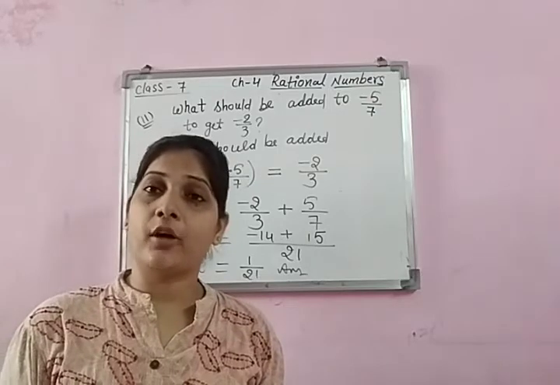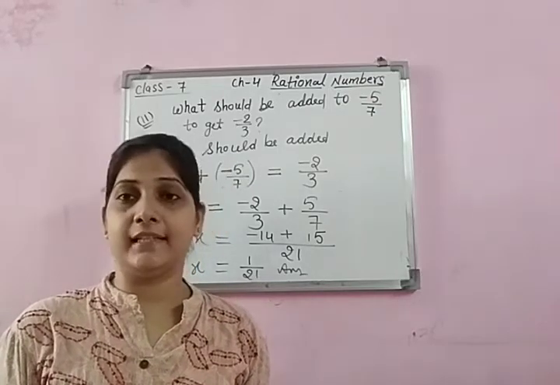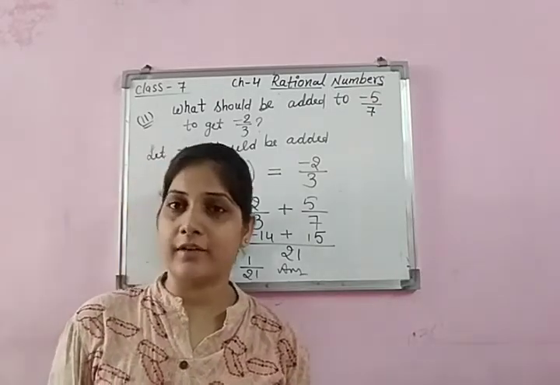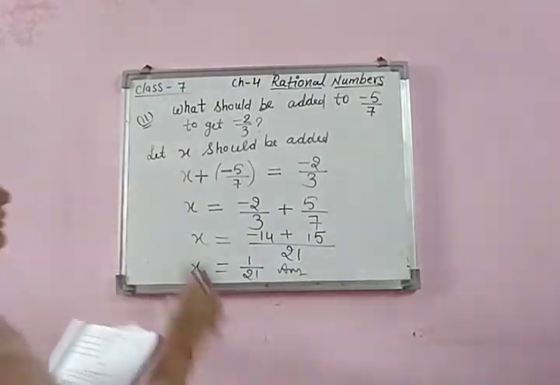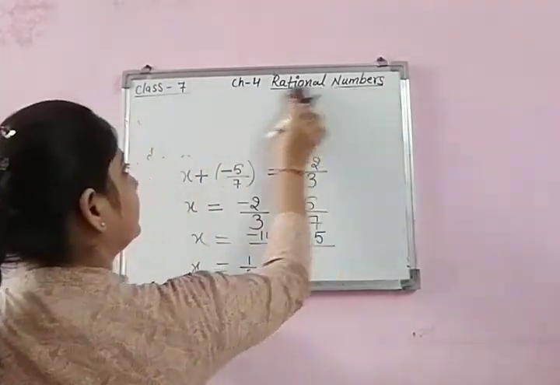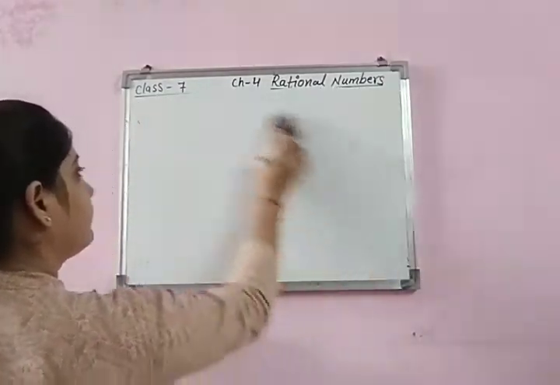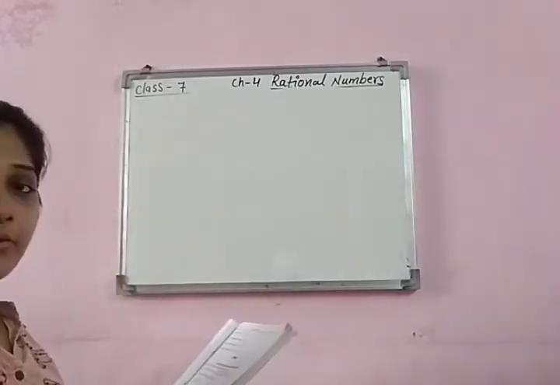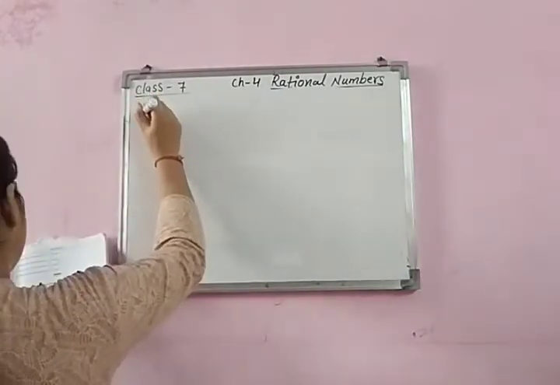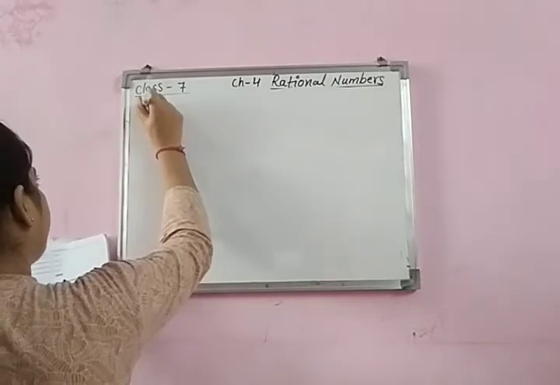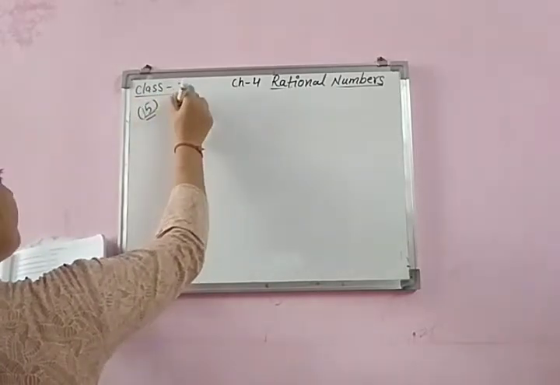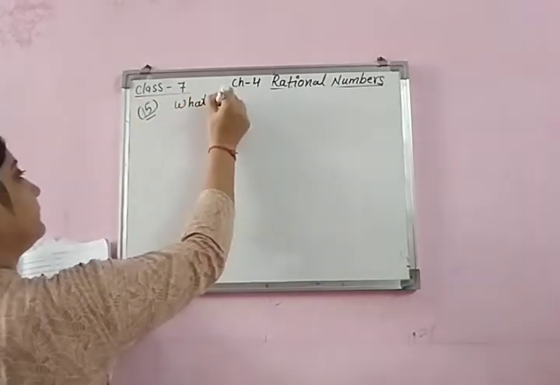Now, question number 14, 15 and 16. Again, these are similar. So, let's do one out of this also. You have to practice each and every question. Okay, I am just explaining to you the way of doing.